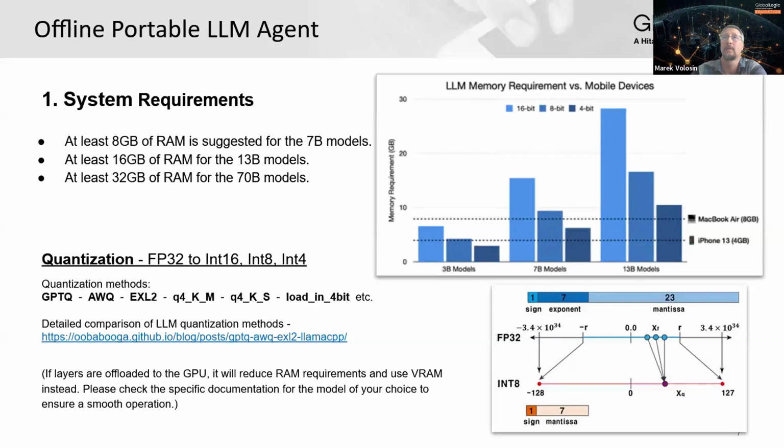On this picture, you can see that such big models, which have 70 billion parameters, need at least 32 gigabytes of memory, but there are much bigger language models on the internet, 150 billion parameters, 500 billion parameters, etc.